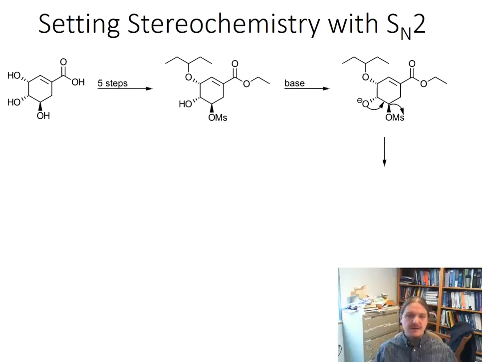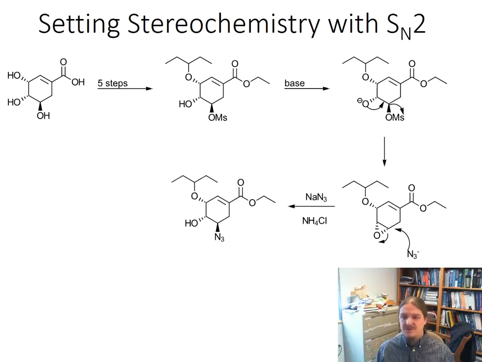The OMs group, or the mesylate group, is an activated leaving group. And so when that first intermediate is treated with base, it deprotonates the alcohol, and the alkoxide anion can be an internal nucleophile and do an SN2 reaction right there inside the molecule. And the result is a 3-membered ring ether called an epoxide.